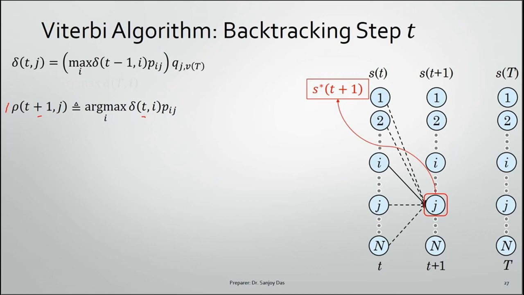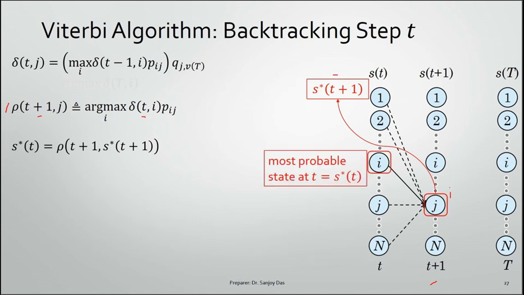So at time step t plus 1, the HMM is in state j, and rho of this state here at t plus 1 would give S star, that's S star t plus 1. And rho of S star t plus 1 would give us S star t. So that's the most likely state at time t, S star t.